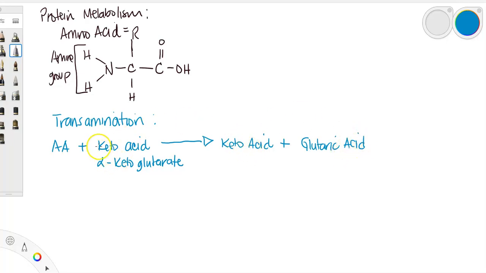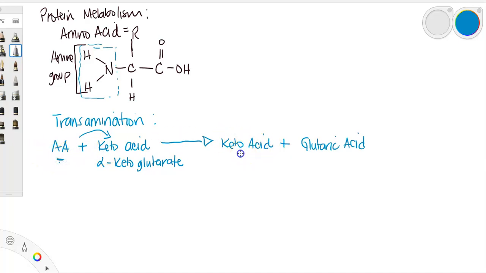So we've basically just taken the nitrogen component, the NH2, this part here, of this amino acid, and we've transferred it to here.